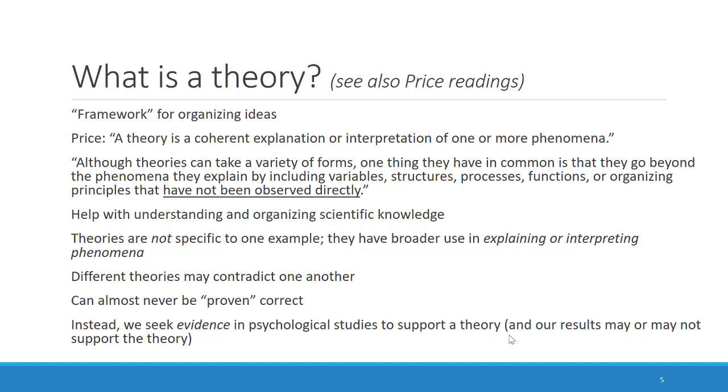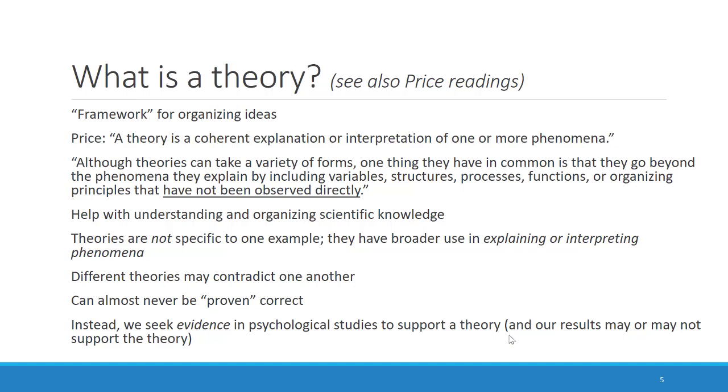So we use theories in psychological research to help us understand and organize what we're seeing in the world. So a theory can take a collection of observations and explain them in a coherent, what we call parsimonious, which means brief and as not complicated as possible, format.